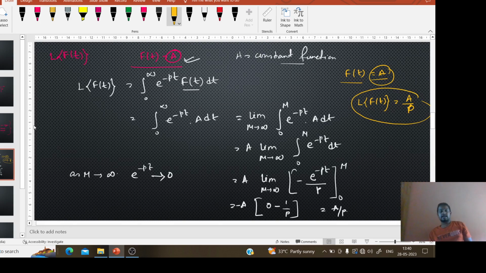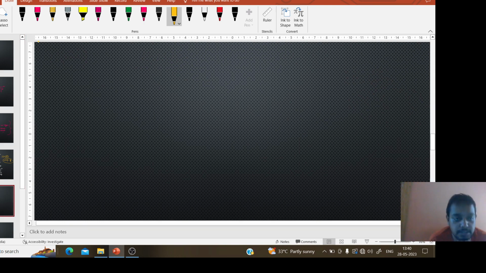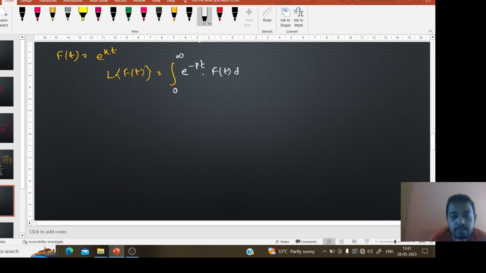Okay, and next we will discuss the function f of t equal to e to the power kt. That means the Laplace transform of f of t, according to the definition, is the integral from 0 to infinity of e to the power minus pt into f of t dt.